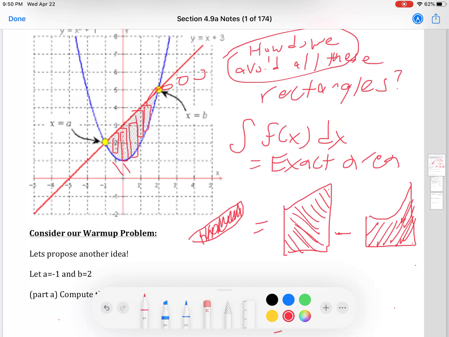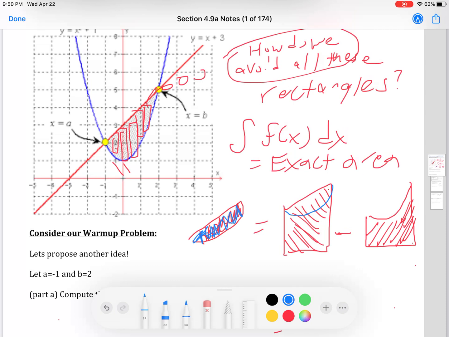Maybe that could work. And this is what we cut out, this shaded area. So this is geometrically what's going on.